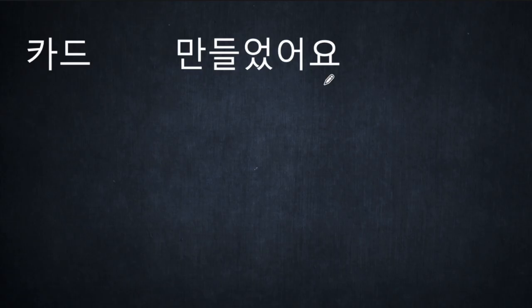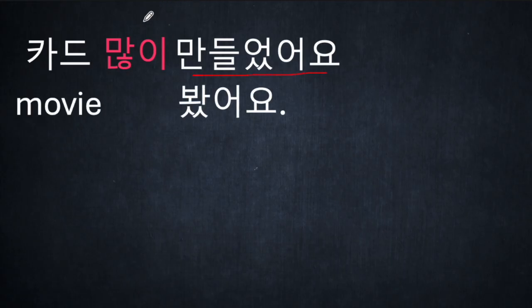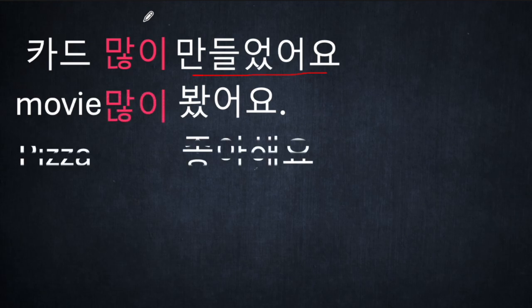Okay, so I made lots of cards. 카드 많이 만들었어요. Because this is a verb. Okay, so adverb comes in front. Okay, how about movie? 봤어요. 봤어요 means I saw a movie. How about I saw a movie a lot? 영화 많이 봤어요. Okay. 피자 좋아해요.